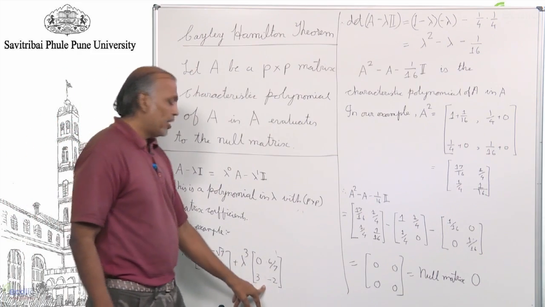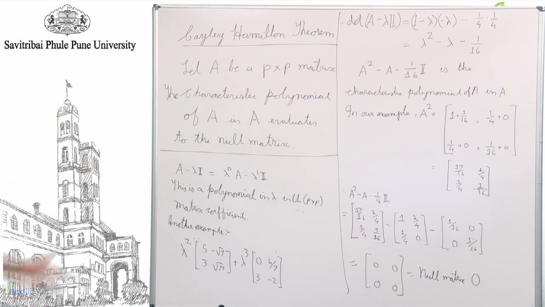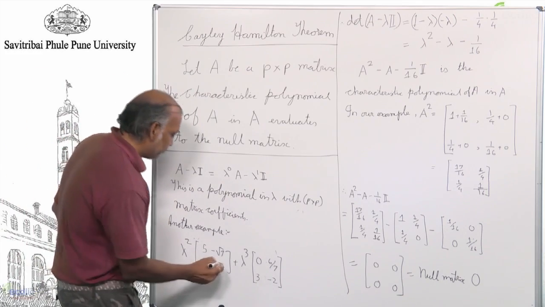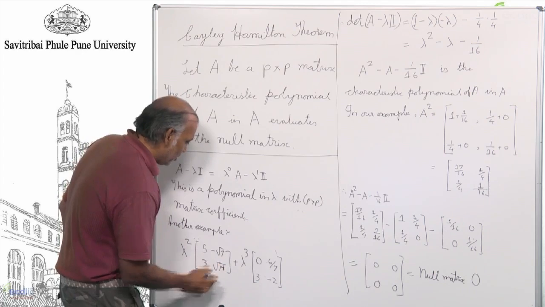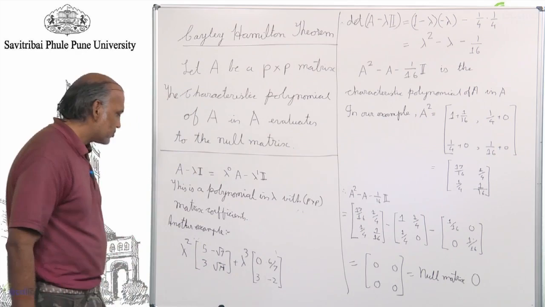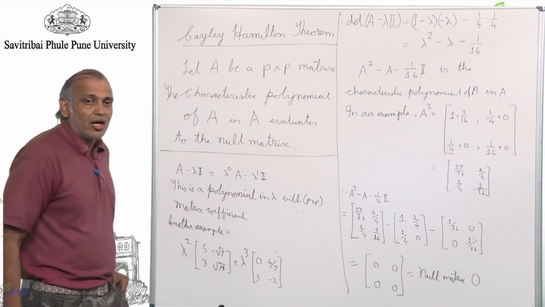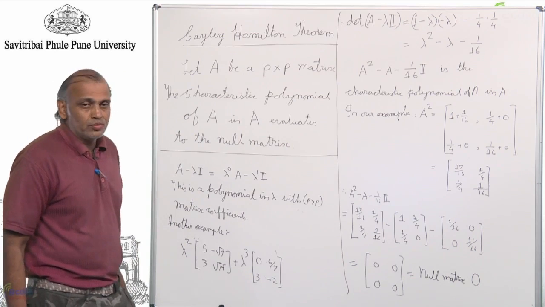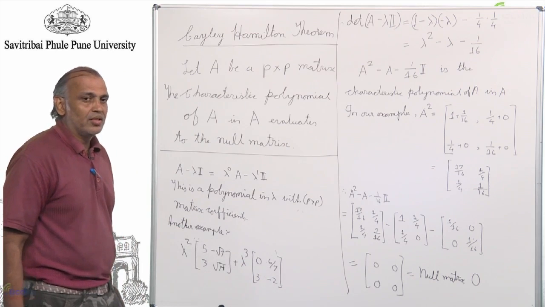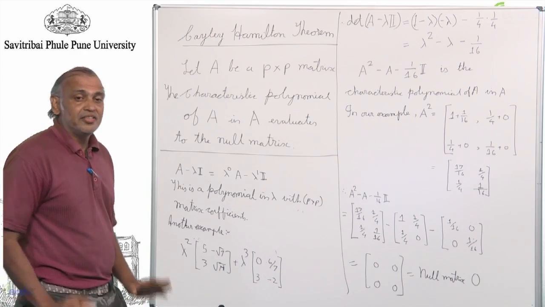Lambda cubed into a P by P matrix, P is 2 here. So this is another expression in lambda with matrix coefficients. The greatest power of lambda having a non-zero matrix coefficient here is 3. So this could be said to be a polynomial in lambda with matrix coefficients of degree 3.